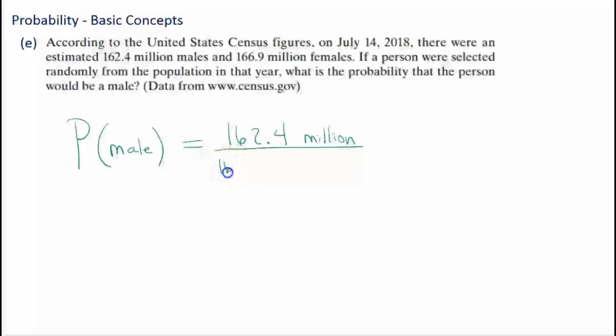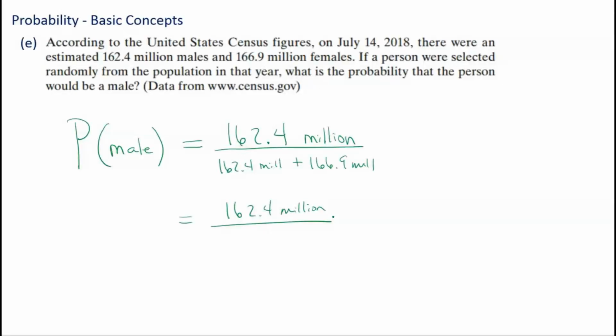We're going to have to add 162.4 million plus 166.9 million. And that'll give us the total number of people in the United States that the census recorded in 2018. There wasn't a census in 2018, I don't believe.